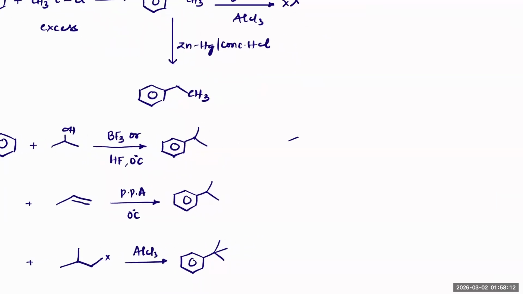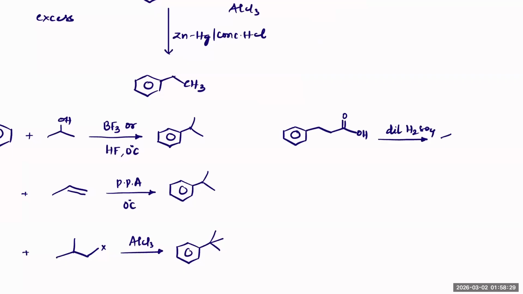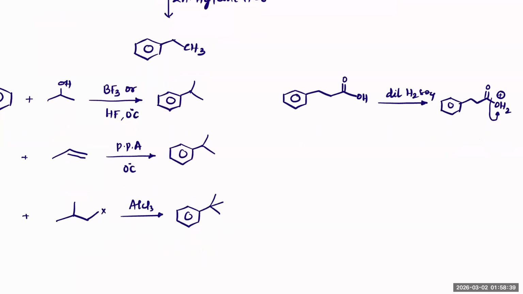Not just that, within the molecule, for example, if you have C double bond O and OH here, and you treat this with dilute H2SO4, we can have OH2 being made here. OH2 goes as a good leaving group and it will form an acyl cation here.